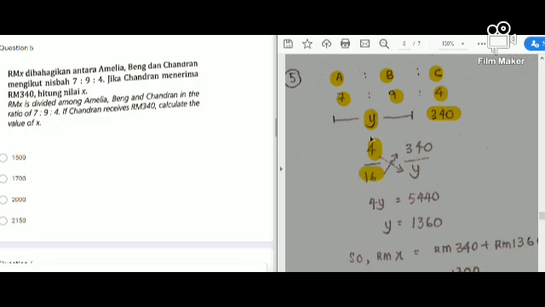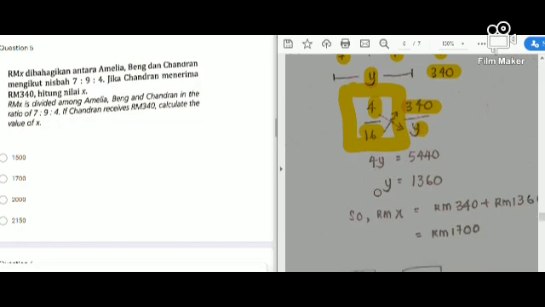So on the left side here is for the ratio that had been given. 4 is the number that you know, 4 equal to 340. 16 is the addition of the values that you don't know, that is 9 plus 7 equal to 16. But you don't know the amount of money, so equal to Y.